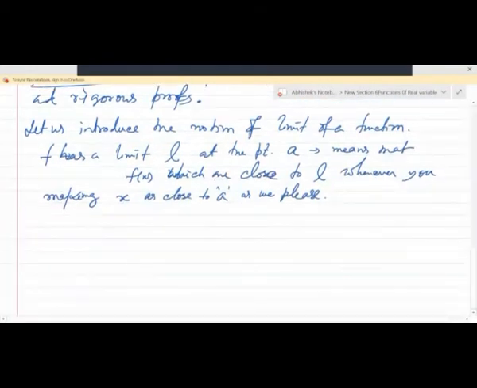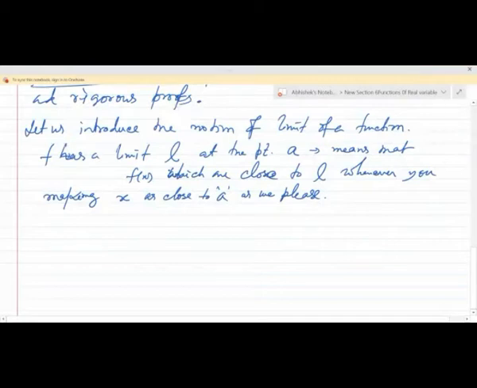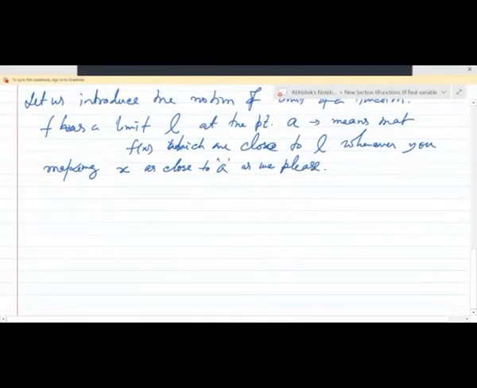And technically speaking, whenever we would like to define the limit of a function at the point a, it is needed that f should be defined at points near to a.